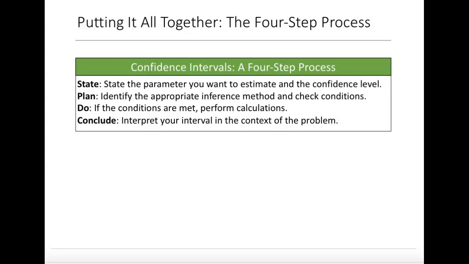Plan, check conditions, basically. Do, perform calculations. This is where you tell me you're using a one prop Z interval, and you show me the calculations. And then conclude, make sure you interpret your confidence interval.